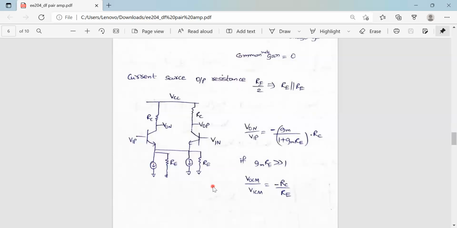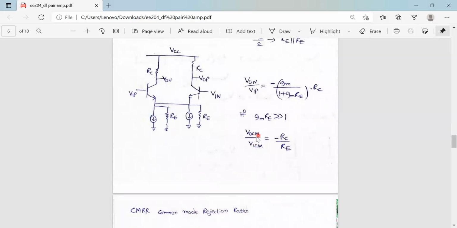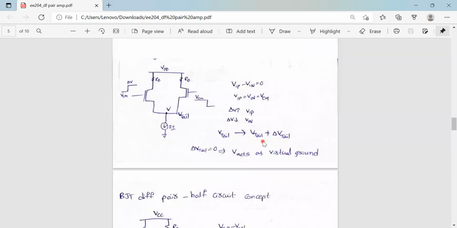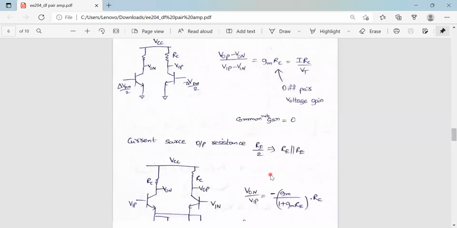If we solve this independently, we get VOCM by VICM is minus RC by RE. This is the common mode gain, and we already got the gain for the differential mode.